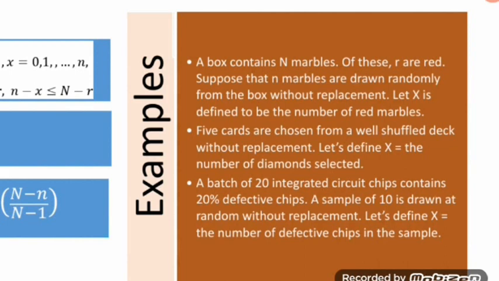So r equals 13. And capital N is the total number of cards in the deck, which is I think 56. So x belongs to the hypergeometric distribution with capital N equal 56, small n equal 5, and r equal 13.